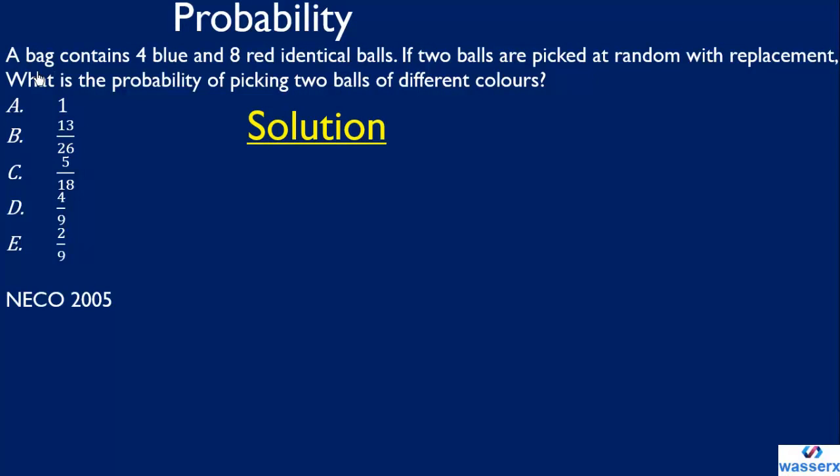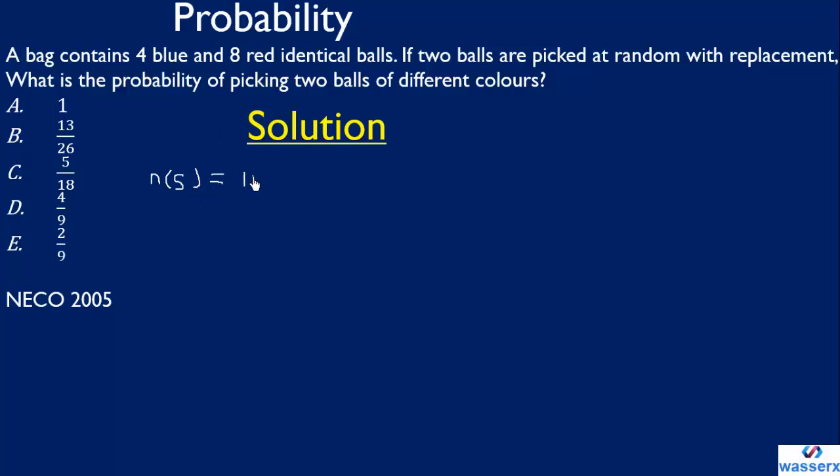So this is our first example. A bag contains 4 blue and 8 red identical balls. If 2 balls are picked at random with replacement, what is the probability of picking 2 balls of different colors? So this one is with replacement, so the sample space is not affected.